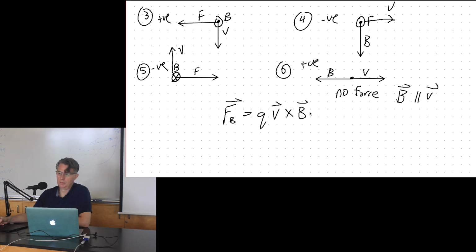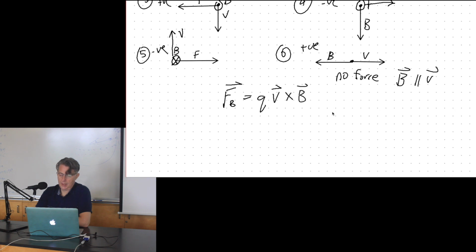Okay, QVB. What do you mean by cross? Yes, exactly. That's something I haven't taught you in high school. The cross product is one of the two ways we can multiply vectors by one another. You have previously learned the dot product. Yeah, the dot. Yes, good. I'm glad you remember, which we sometimes call the scalar product.